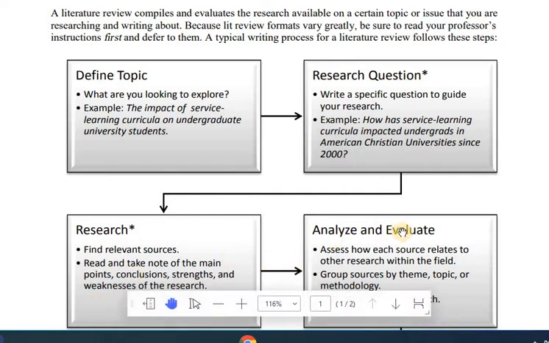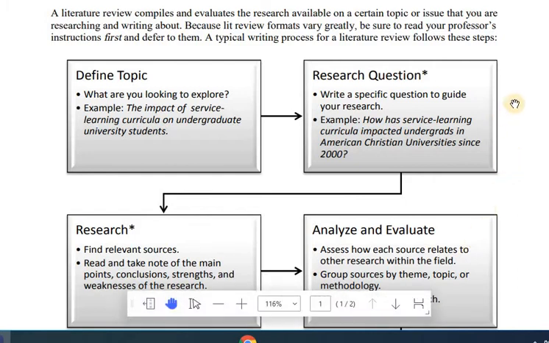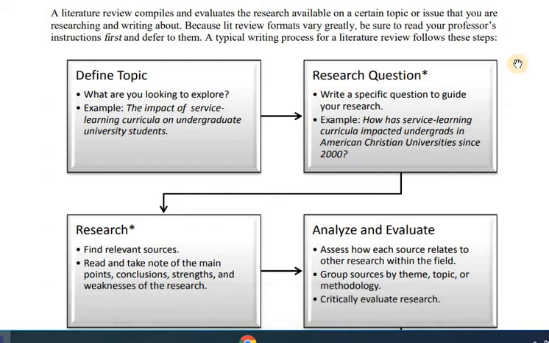And now it's time to assess how each source relates to other sources, and you will start grouping these sources by the theme or by the topic or the methodology, and then try to critically evaluate each one. Critically evaluating is done by adding a few sentences. You will see how in the next section.